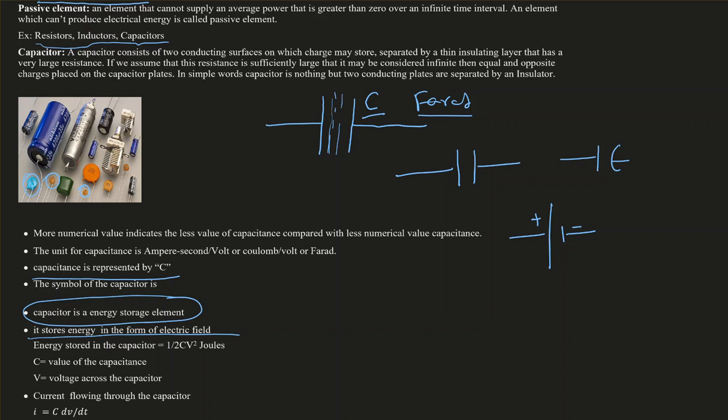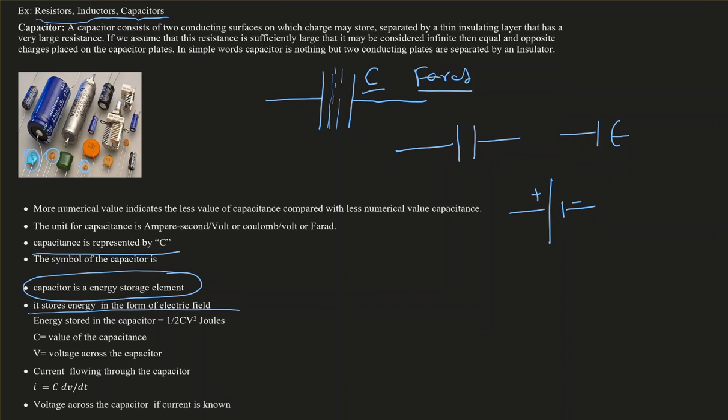If you connect a battery to a flashlight, based on the bulb resistance, it may supply energy for 2 hours, 3 hours, depending upon the resistance of that bulb. But a capacitor doesn't care about the resistance. It supplies all of its energy in a quick second. That's the difference between capacitor and battery. So do not replace a battery with a capacitor or vice versa.